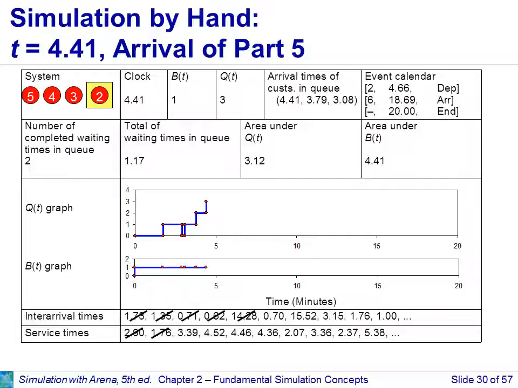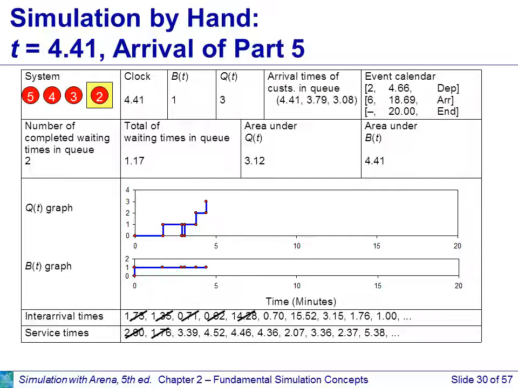We have some changes in terms of the QT because now this inter-arrival, which was 0.62, we need to multiply by 2 and add to what was previously 1.88. So to the 1.88 that we had before, we need to add this little piece here of 0.62 multiplied by 2.